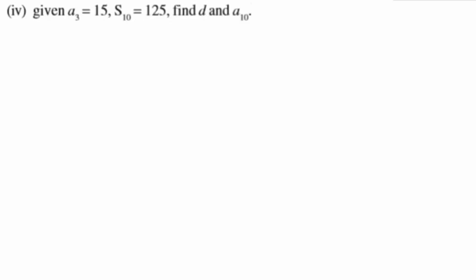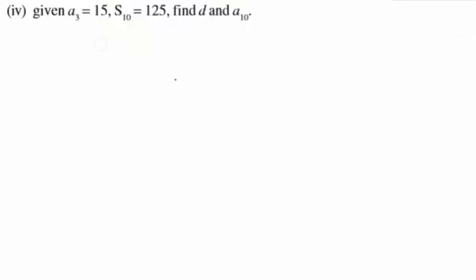Now the fourth part of the third question is, given A3 equals 15 and S10 equals 125, find D and A10. So A3 is 15 and S10 is 125, and we are asked to find D and A10.